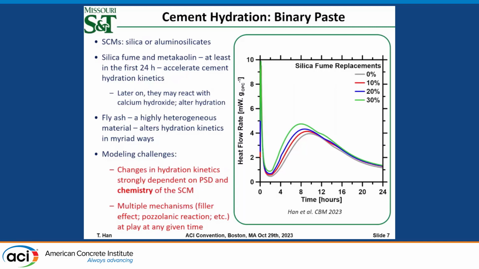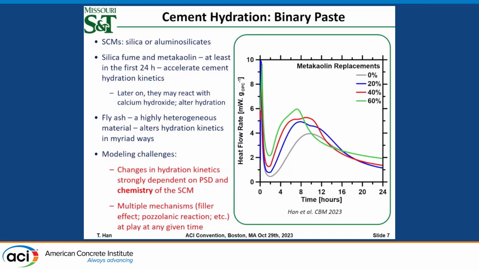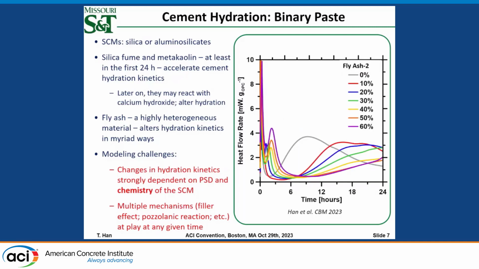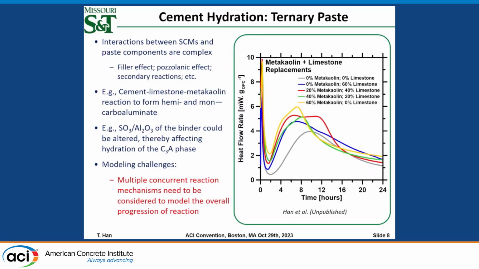So during the modeling, it's hard to account for those chemical reactions here. Also, you can see here that silica fume and metakaolin have different reactions, and fly ash, they all change the hydration kinetics. And we are not satisfied with the binary system.